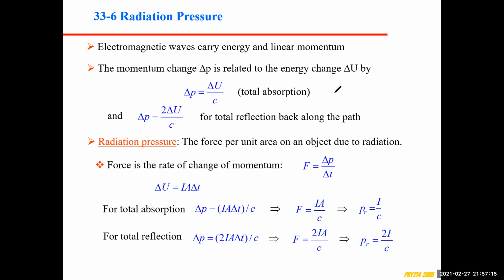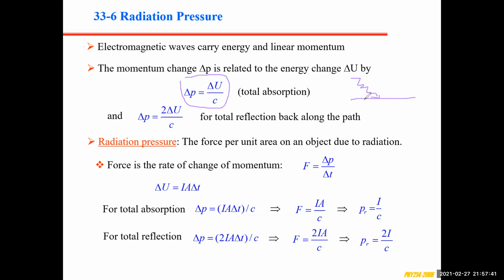Okay, so this is like when you have, let's say this is ground, and you have an electromagnetic wave that's propagating and hits the ground. What is the momentum change? If the total energy is being absorbed by the ground, then this is how you calculate the momentum change, which is the energy change over the speed of light.